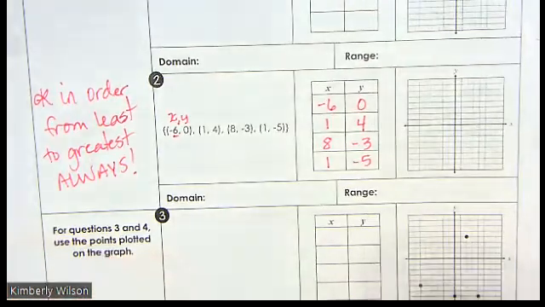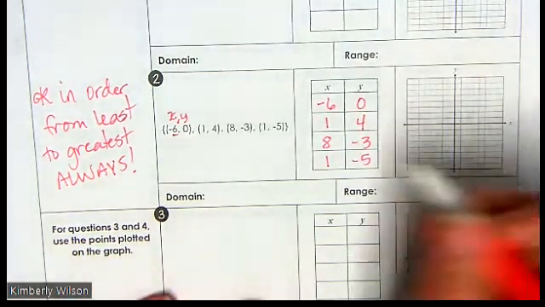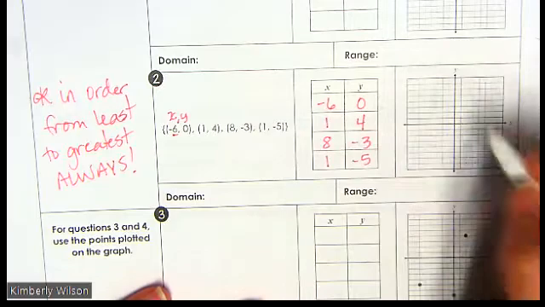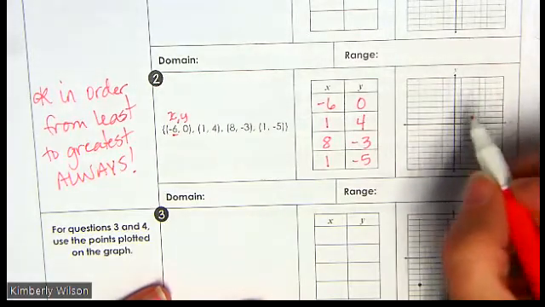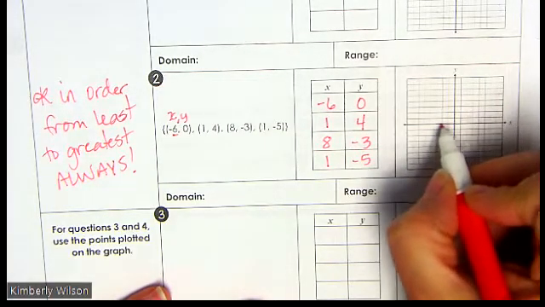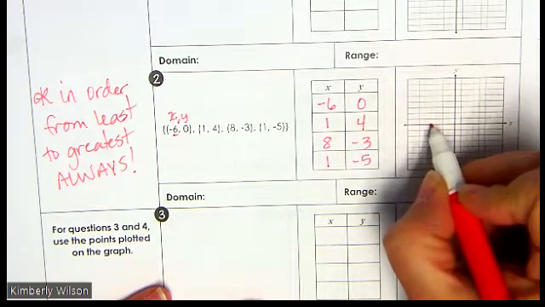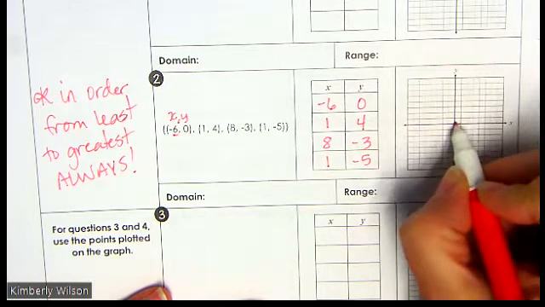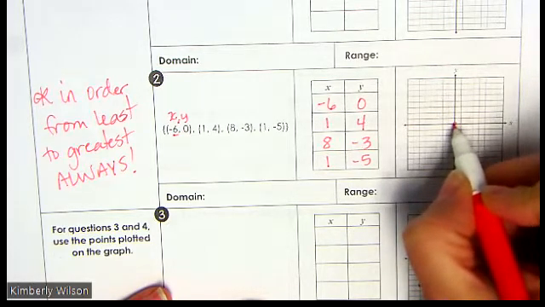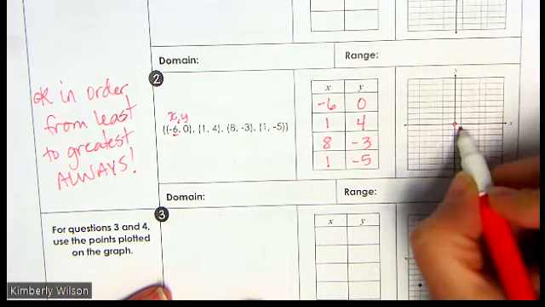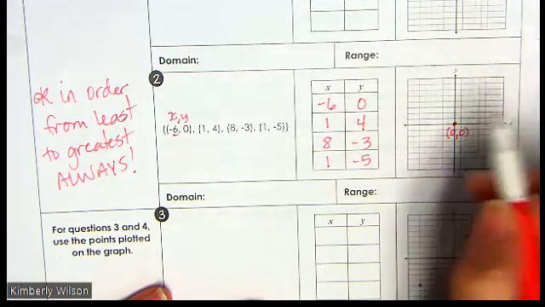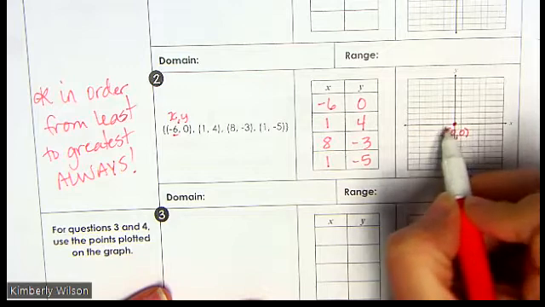Okay, so now we plot these points. For the first one, -6, 0, it's on the -6. These are going by ones, so you kind of have to count: 2, 4, 6. This is -6 because this is 0, 0, the origin. If you need to label that, label it if it helps you with understanding the ordered pairs or how to plot.